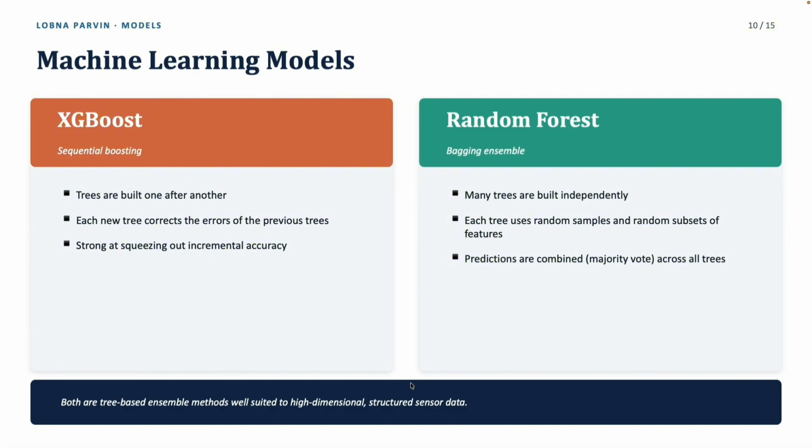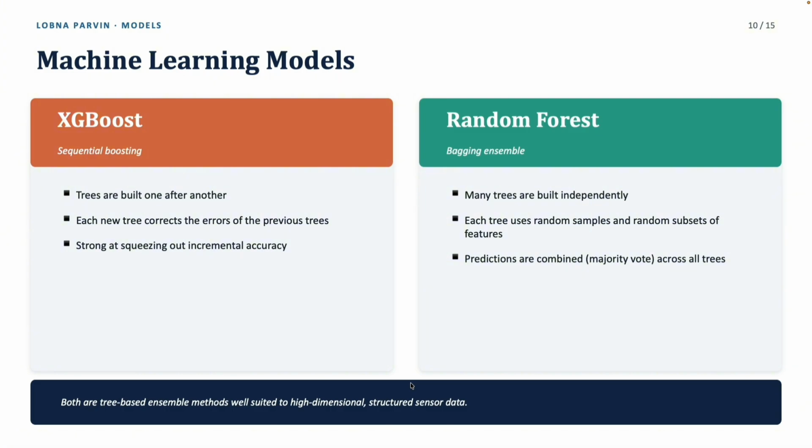Now, I will discuss the machine learning models we used in our project. We compared two tree-based ensemble models, XGBoost and Random Forest. XGBoost is a boosting technique where trees are built sequentially. Each new tree tries to correct the errors made by the previous trees, so it gradually improves the prediction performance.